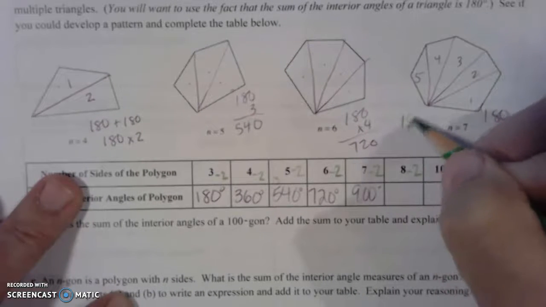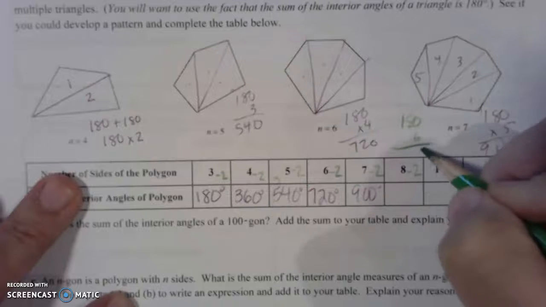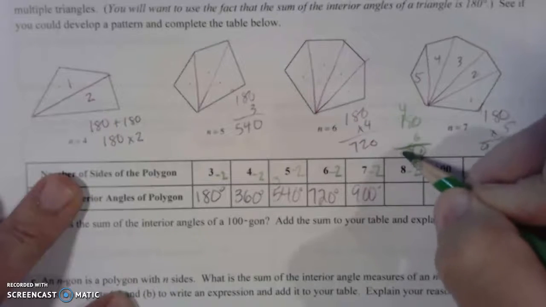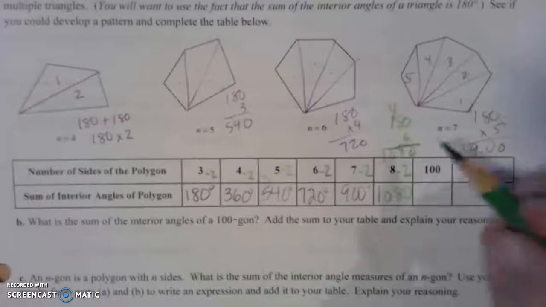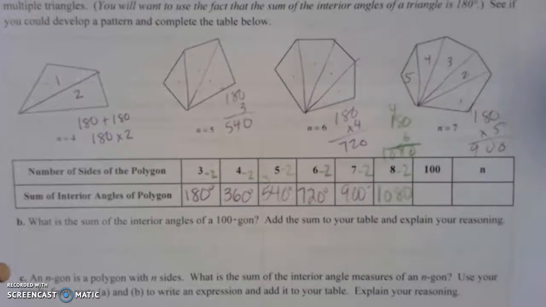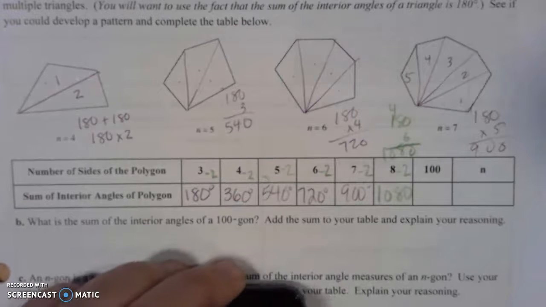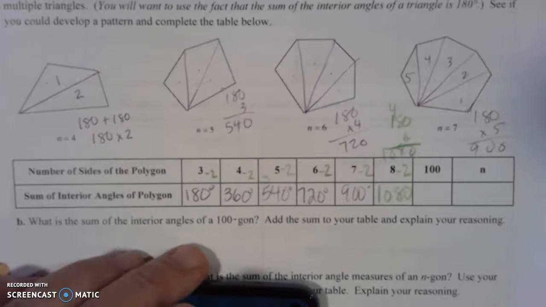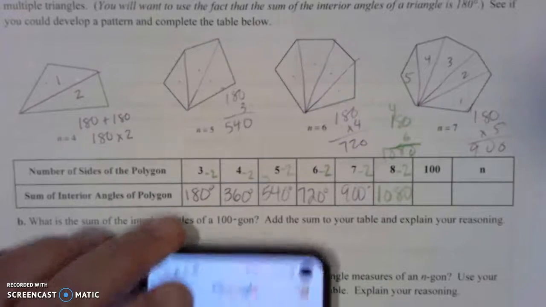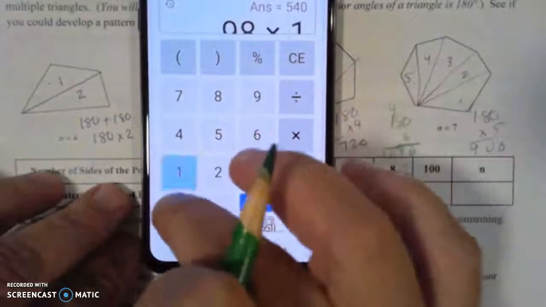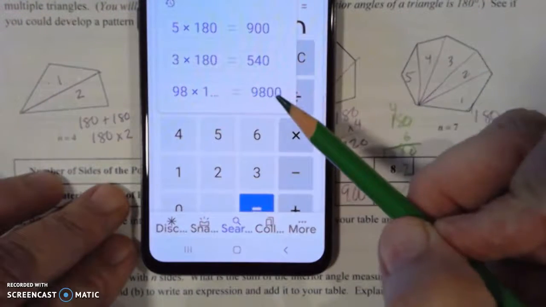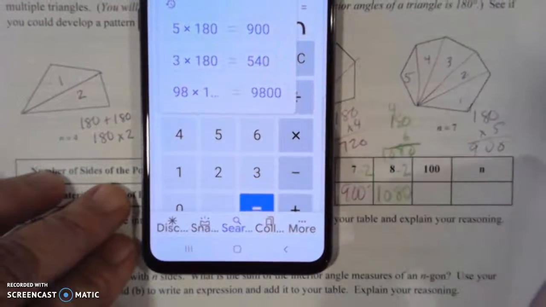So what is 180 times 6? That's going to be 1080. And so then to get 100, 100 minus 2 is going to be 98. Let's go to our calculator. I'm doing this on my phone: 98 times 100 equals, what does that say? 9,800.